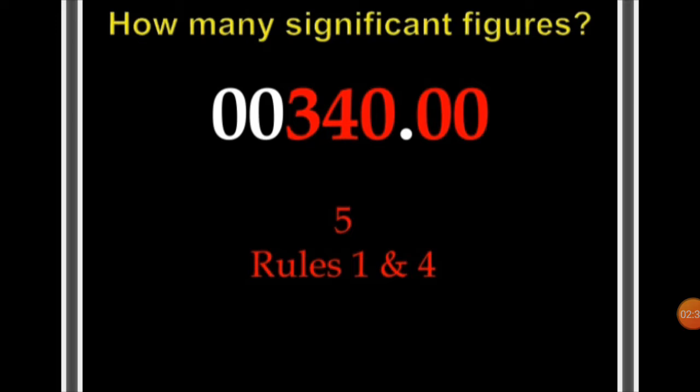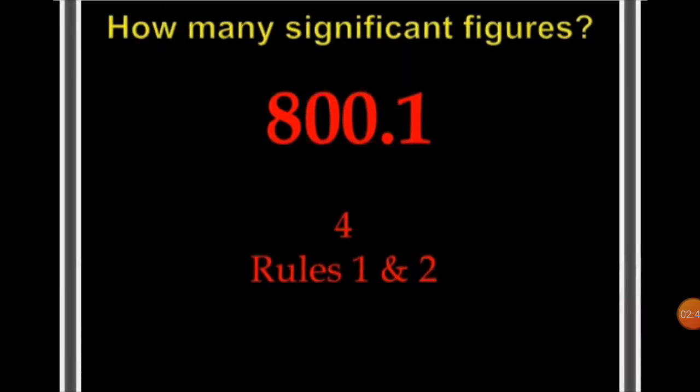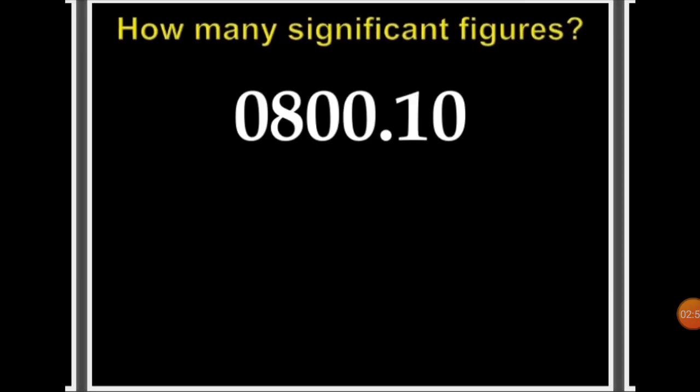So in the given number, the significant figures are 5. Now how many significant figures in the number 8001? The answer is 4 according to rules 1 and 2, as all the zeros present in between the non-zero digits are considered significant.